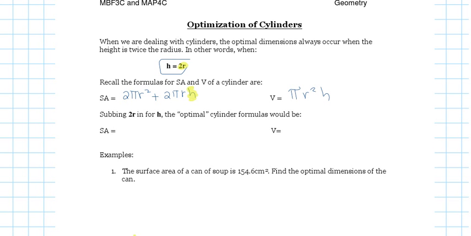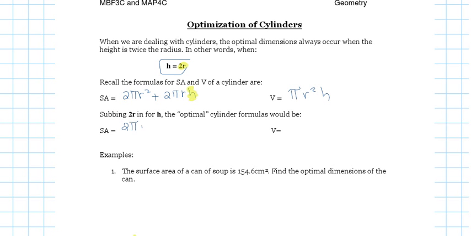If you look at this formula, my only variable is going to be r. I won't have h anymore. Okay, so let's see how that works. If I replace the height with 2r, I will end up with 2 pi r squared plus 2 pi r times 2r. Are we okay with that step?